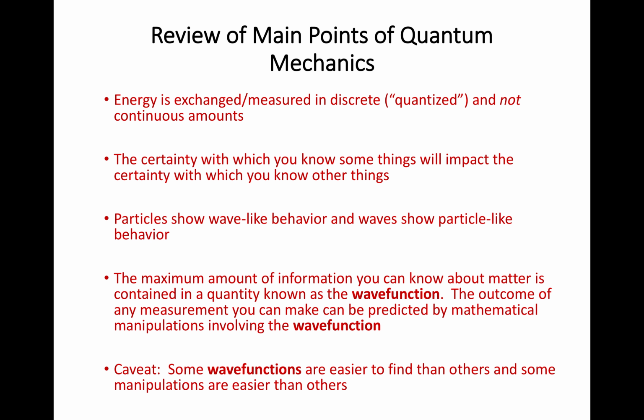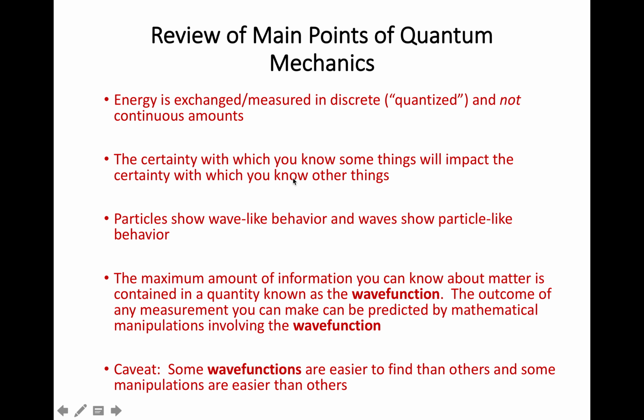We said that generically, quantum mechanical systems are not in energy eigenstates. They do not necessarily have well-defined energy. But when you measure the energy of a system, or you exchange energy with a system, meaning you absorb a photon, emit a photon, or something like that, then that happens in a quantized or discrete way.